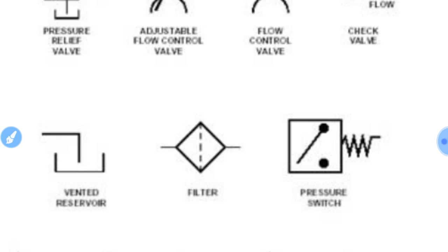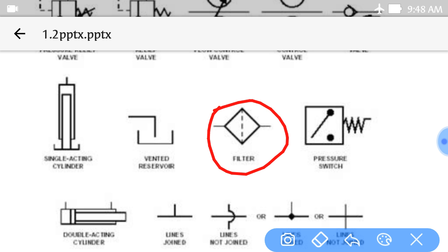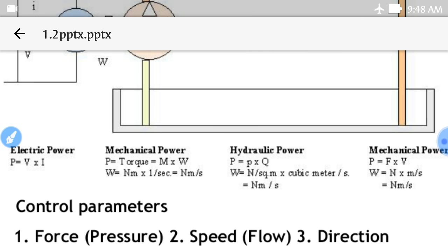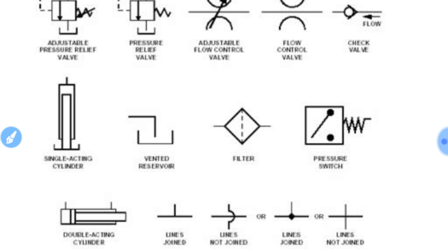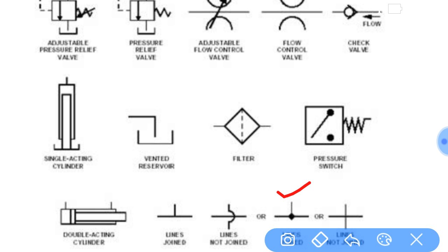There are a few more symbols like filter. You have to remember them like this. There are also some hydraulic connections. For better understanding, you can go through your books or the internet.